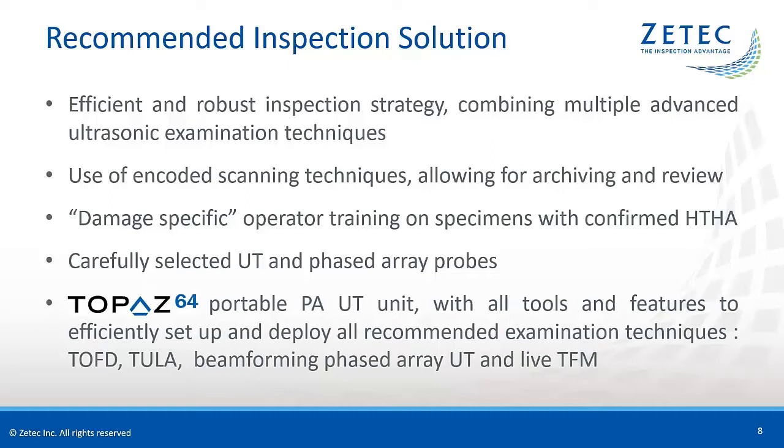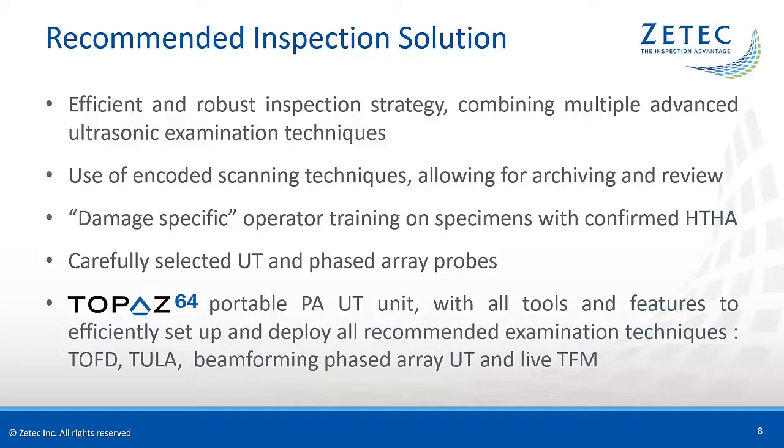Industry experts now believe that the solution lies in developing and deploying an efficient and robust inspection strategy combining multiple advanced ultrasonic examination techniques for initial screening of material and for further assessment of suspected locations.